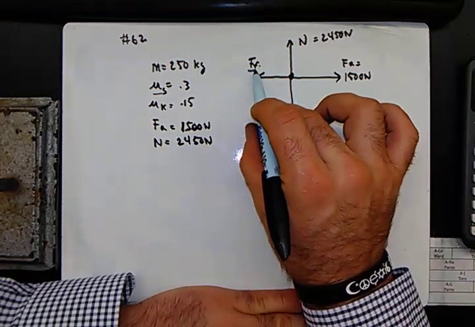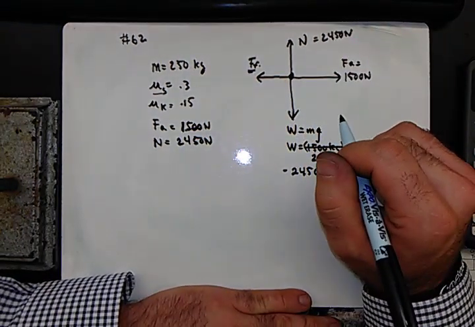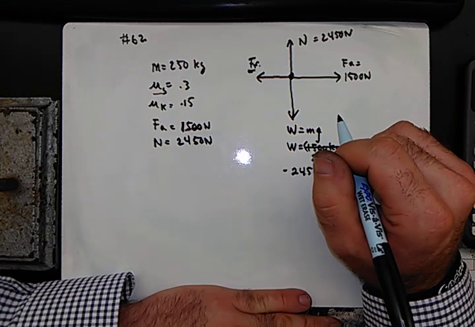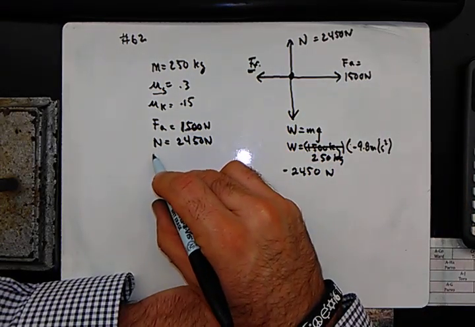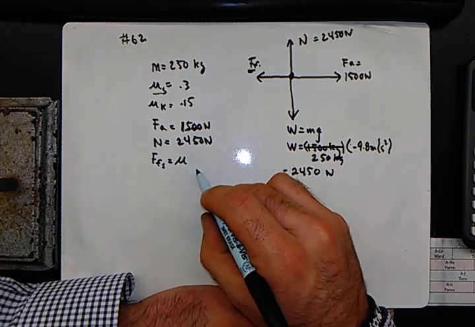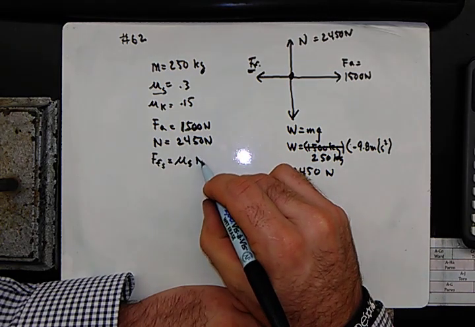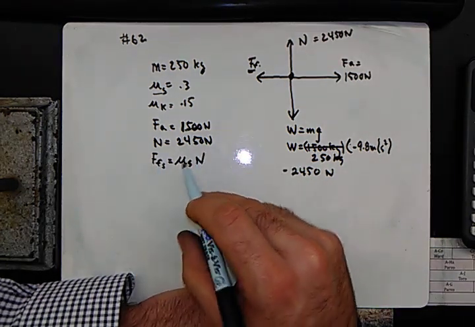And we want to figure out what the static friction is. What does it take to get this object to break free of its friction? Let's see what that is. The force of friction, static, is equal to the mu static times the normal force. Remember, physics is fun.